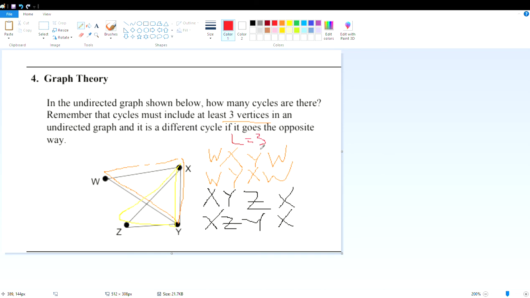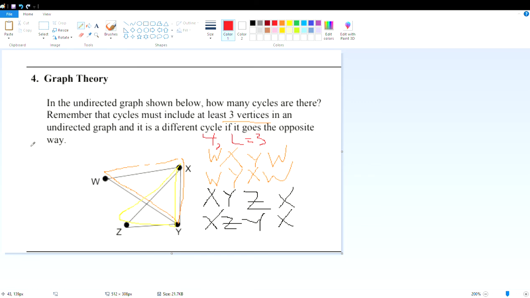So we have a total of 4 with a length of 3, or 3 edges. 3 edges, 3 vertices. Okay, and then we have another one that has 4 edges.